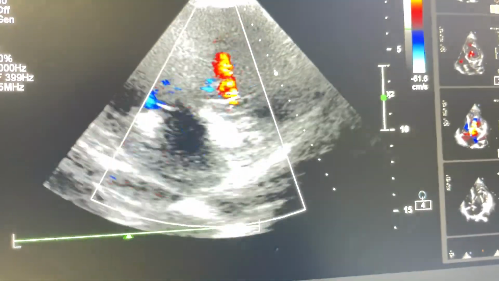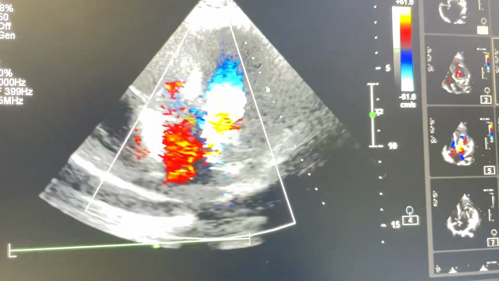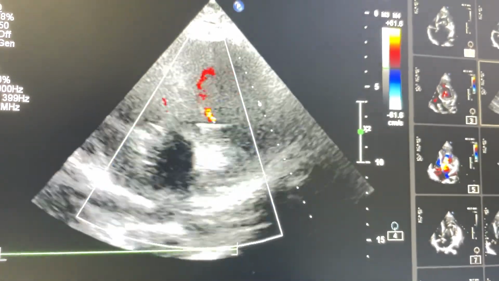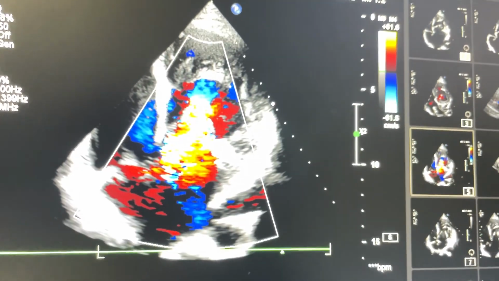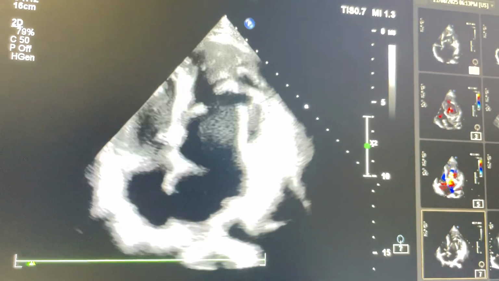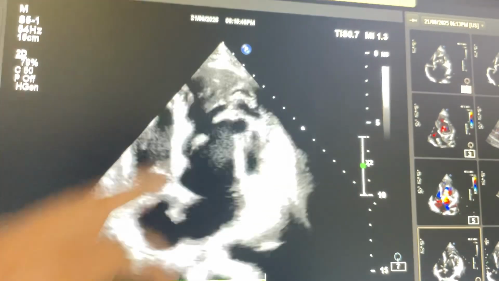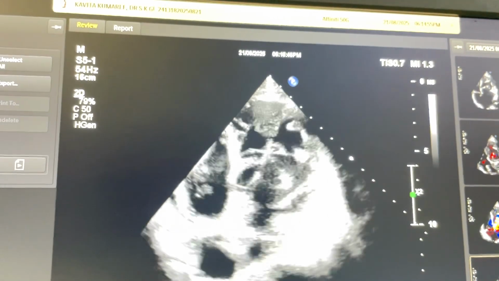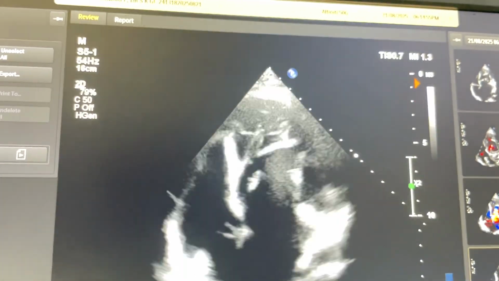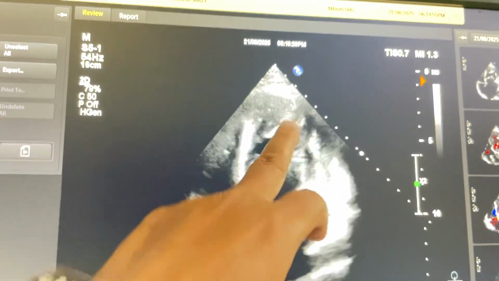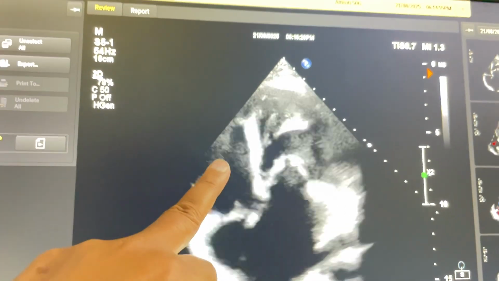Now the next image. You can see the rough portion of right ventricle compared to left ventricle. So this is left atrium, right ventricle, right atrium, left ventricle.